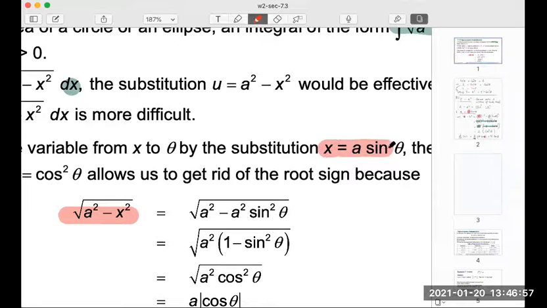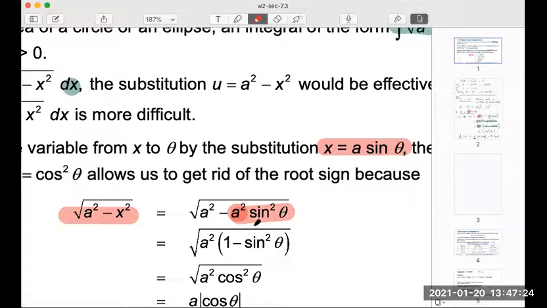If we define x as a times sine theta here, then x squared will be a squared times sine squared here, right? So we replace it here.